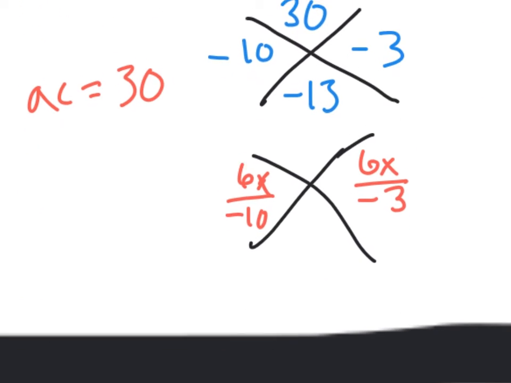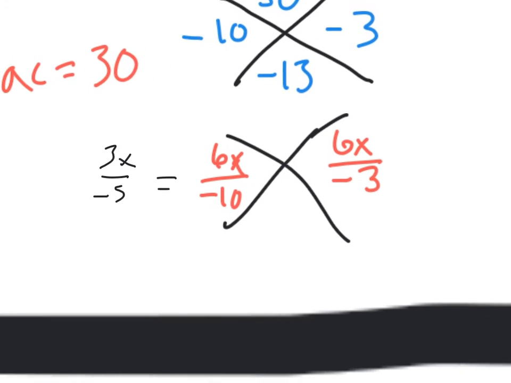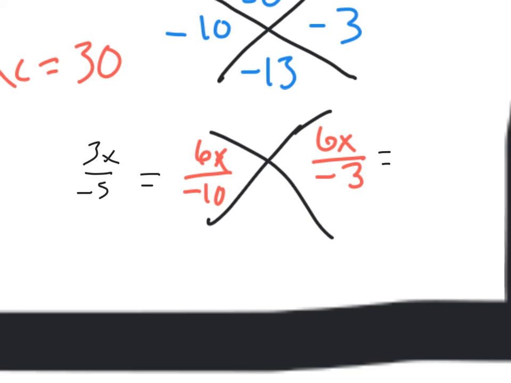So I'll zoom in over here. 6x over negative 10 is going to be equal to, we could divide the top and bottom by 2. So you'd get 3x over negative 5. And then over on this side, we can divide the top and bottom by 3, so this one's going to work out nicely. We're going to get 2x over negative 1.